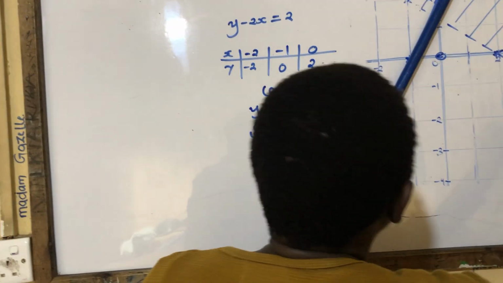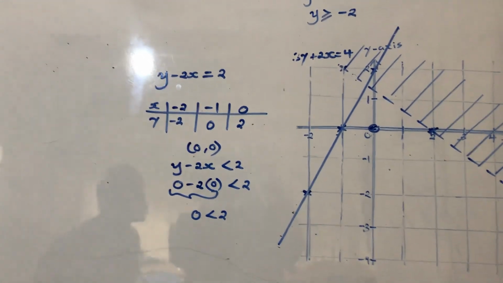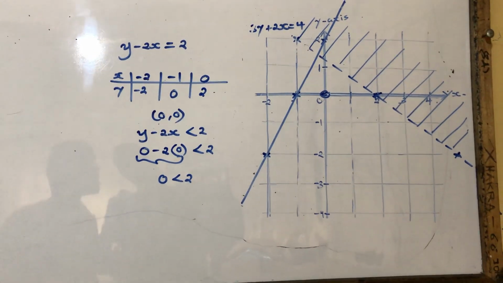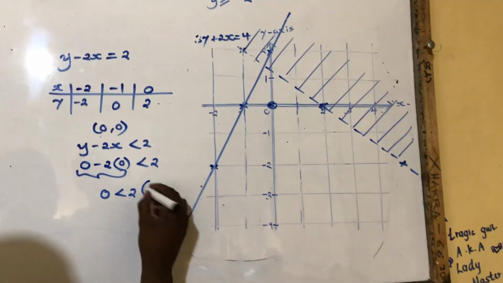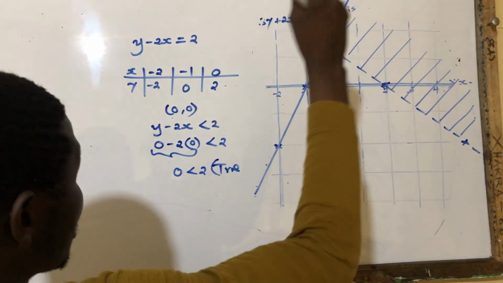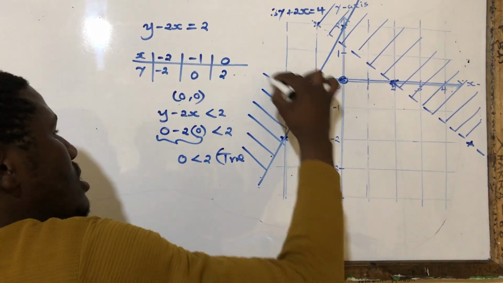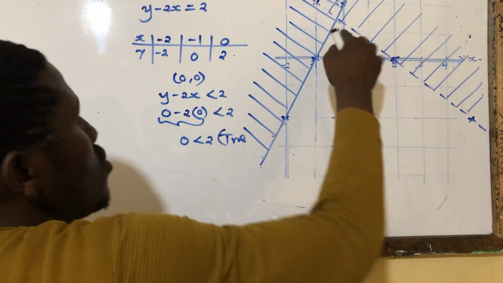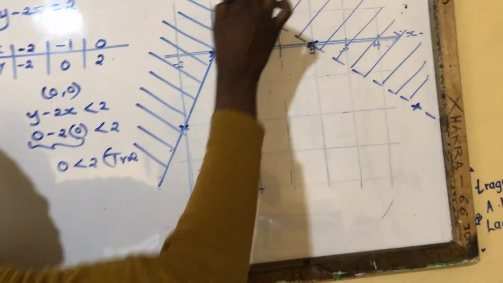And because it is true, it means it satisfies the inequality. But if it is false, it means it does not satisfy the inequality. So this is the region which does not satisfy the inequality.